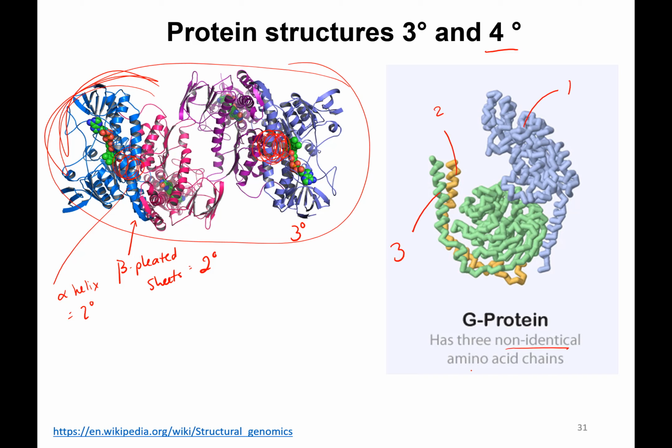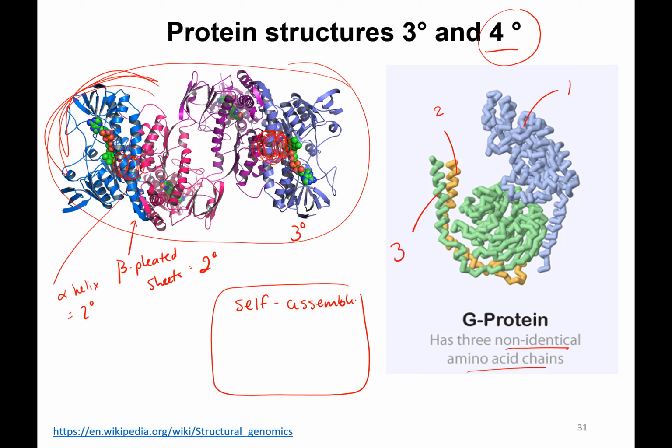The other thing I want you to know is that these amazing structures are spontaneously folded. So proteins have self-assembly, which means that all these different types of intermolecular forces and bonds push the protein into this most stable structure.